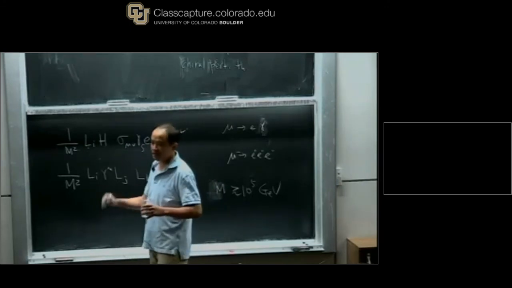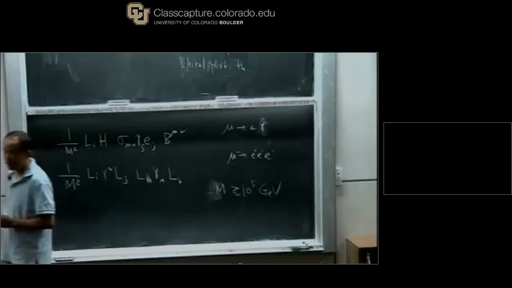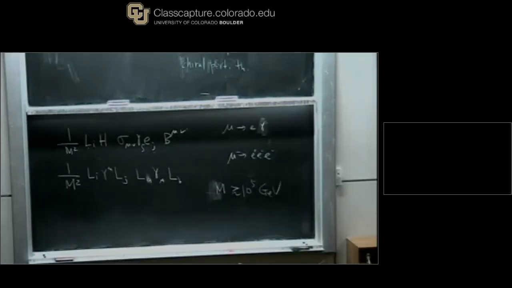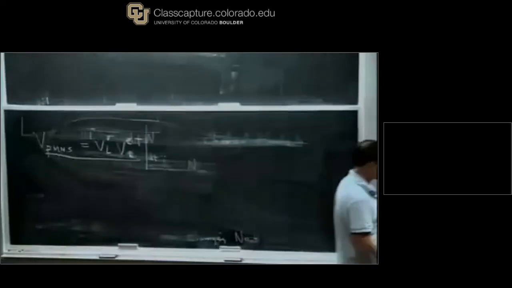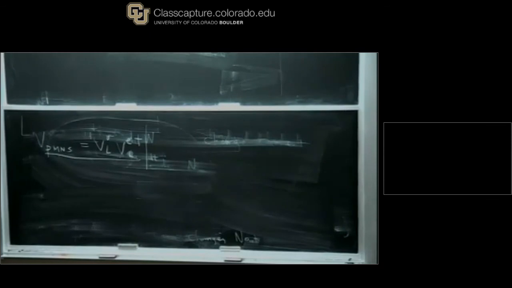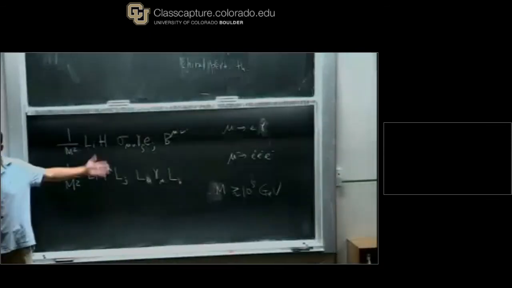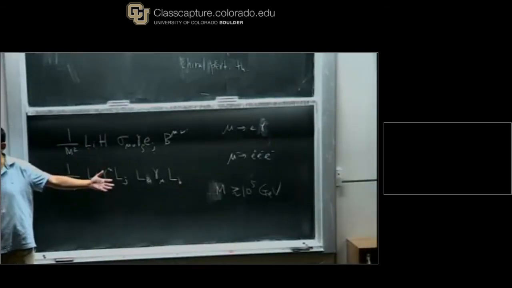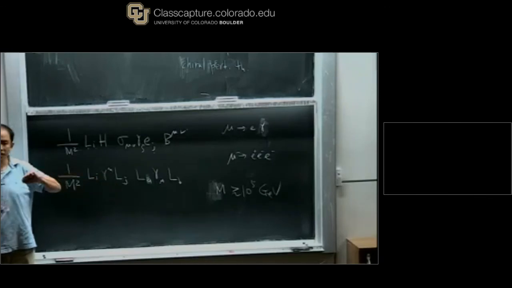I should say that there are also very stringent tests of CP violation in the standard model and beyond. The kaon mixing, for example: you can test CP violation in the kaon system, and that gives one of the strongest constraints on any CP violating operators you can add to the standard model.